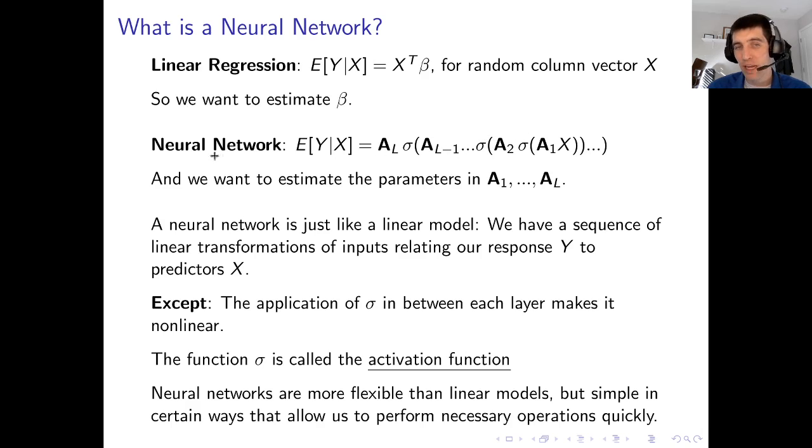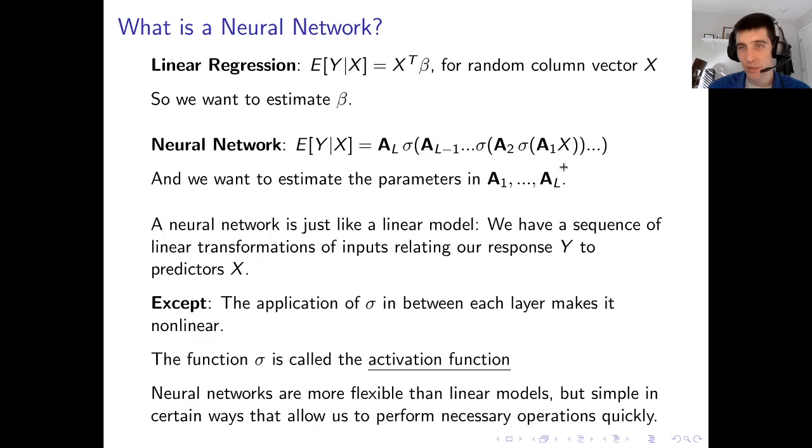The big advantage of neural networks is that they are simple in certain ways, in the sense that we are composing this linear operation with a simple nonlinear function, but they're also flexible in certain ways because we are, again, no longer in the world of linear models.